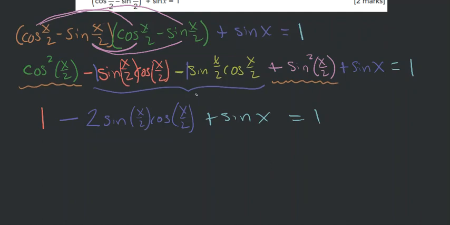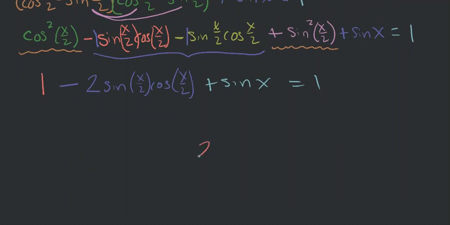Alright, now, as I'm looking at this question, we want to make this side equal to 1. So that means this negative plus this positive are going to have to eliminate each other so that we can have 1 equals 1. So how are we going to do that? Well, I am noticing that I have a sine here and that I have a 2 sine cos. Now, again, on your formula sheet, you are going to have somewhere there something that says sine of 2a equals 2 sine a cos a.